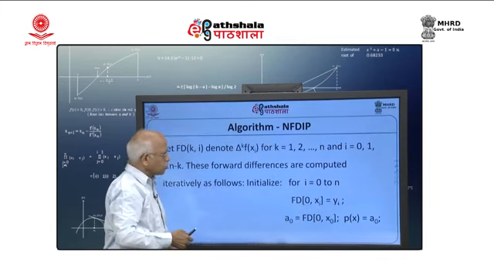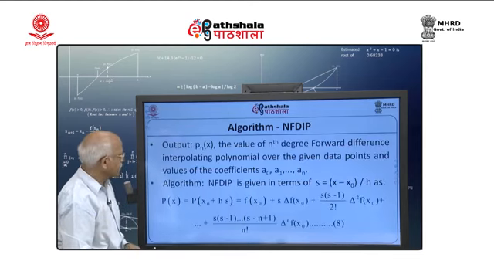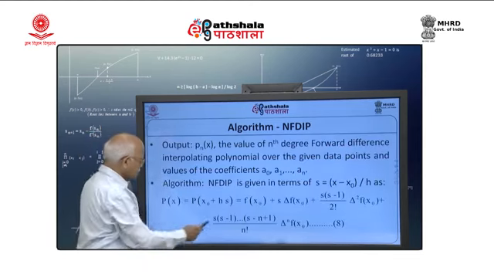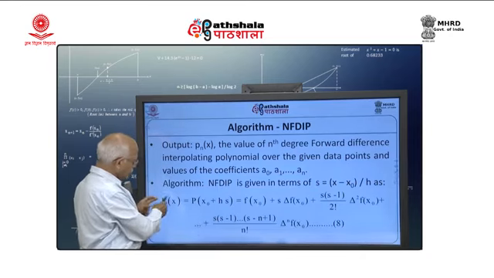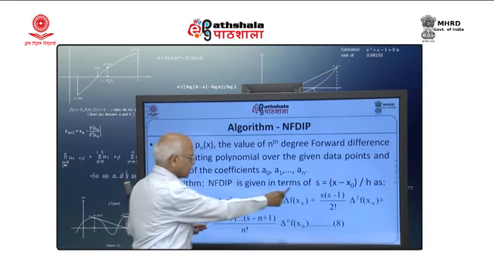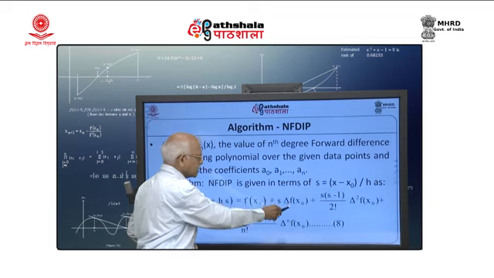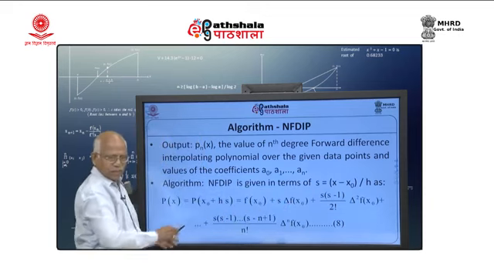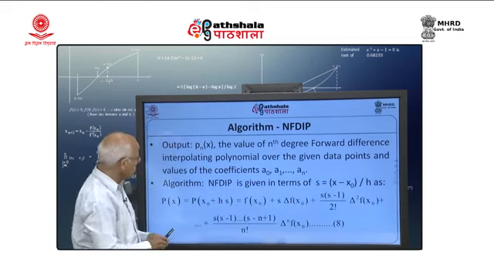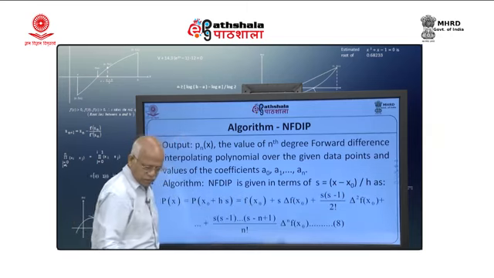You know that this polynomial is given here like this. So, we are working out this value of p x. We consider that this will be the first term, then you add the second term, then the third term, and like that we go on. Therefore, in the initialization we take p x equal to y 0 or a 0, which are one and the same here.